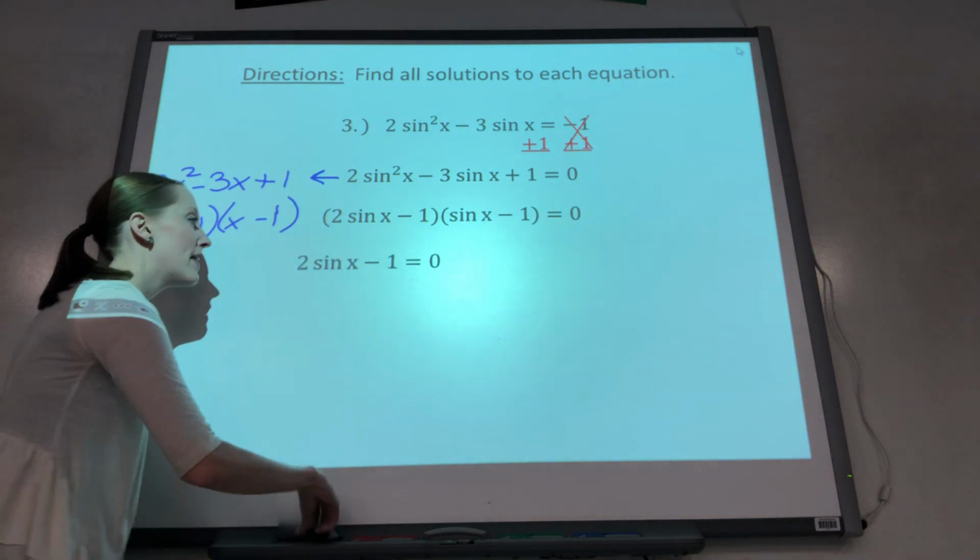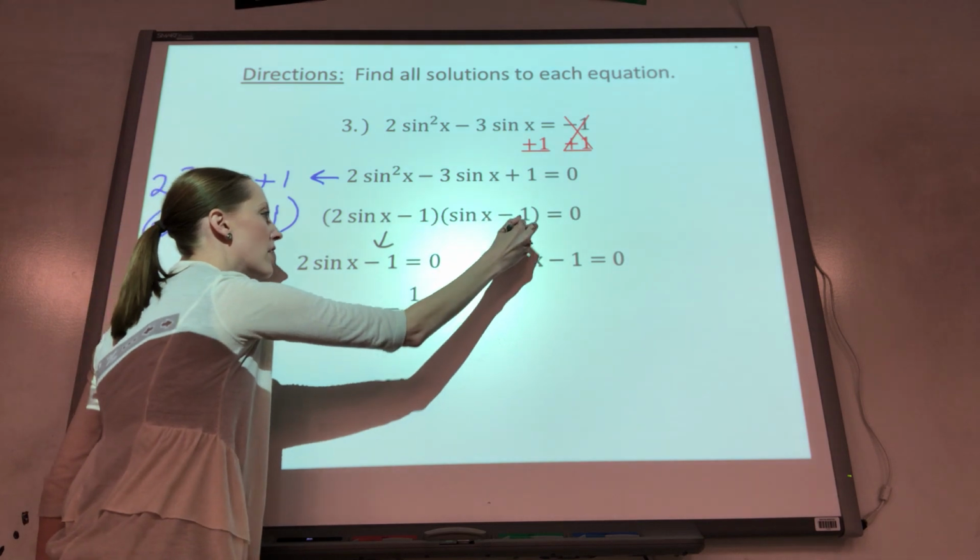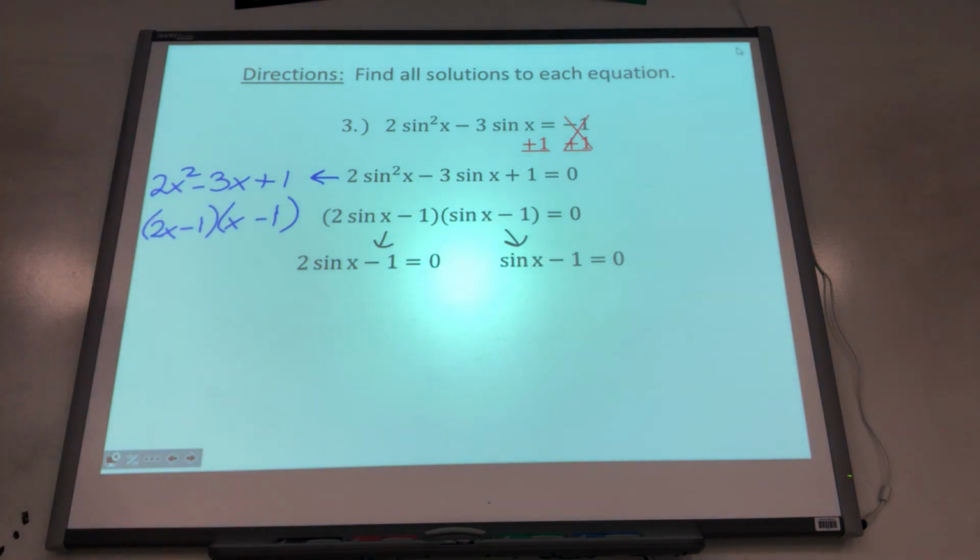And now that you have a product equaling 0, we should be able to break those apart and then figure out what x is. Okay, so on that left-hand side, we're going to have to add 1 and divide by 2. So that now says sine of x equals 1/2.